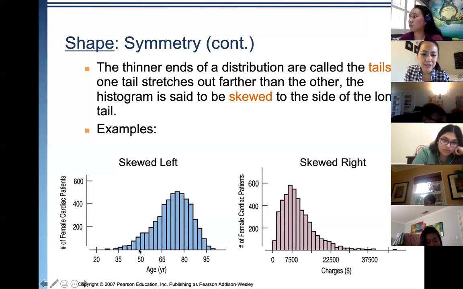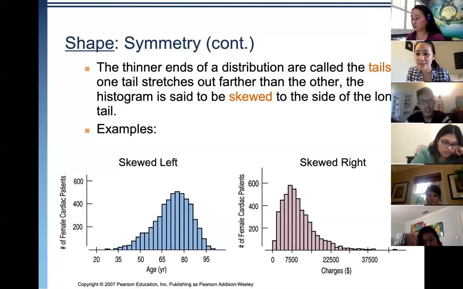For this skewed left one, the tail is on the left, and for skewed right, the tail is on the right. So just remember to follow the tail. That hits symmetry: you're either going to have something that's roughly symmetric, skewed left, or skewed right. That is the first letter in SMUX.